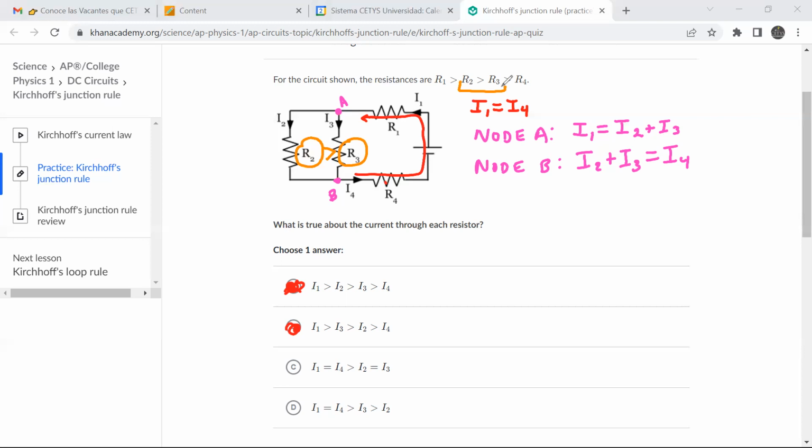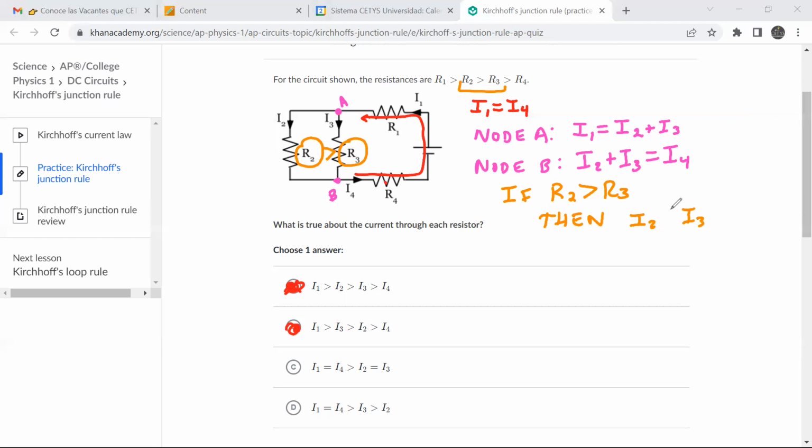Now remember the concept of resistance. The larger the resistance, the more opposition to the flow of current. So the larger the resistance, the smaller the current. The smaller the current, the larger the resistance. So if R2 is larger than R3, then what can I say about I2 and I3?